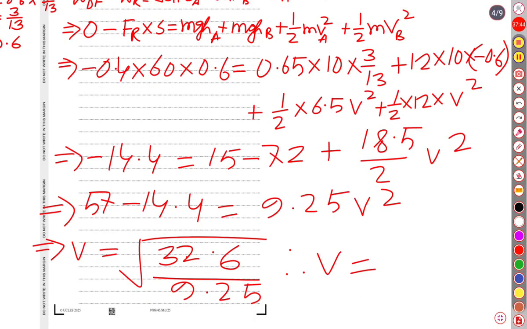Sorry, we made a mistake, it's not 32, it will be 42.6. Let me write 4 instead of 3, it is 42.6.